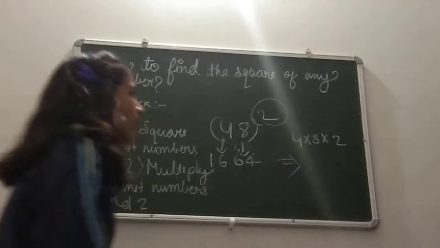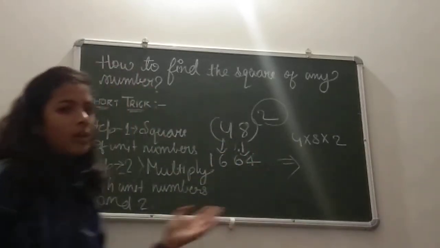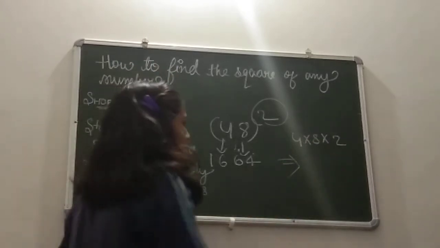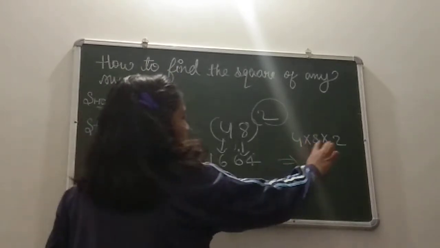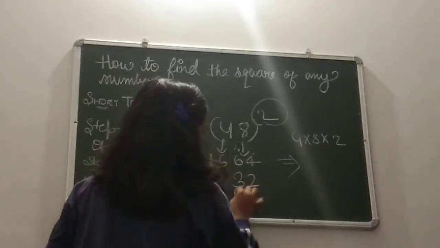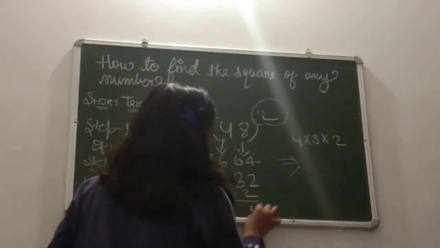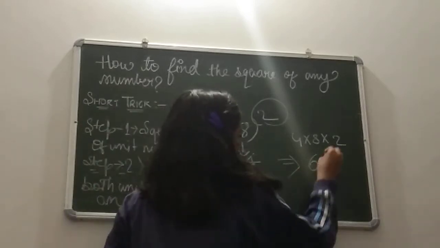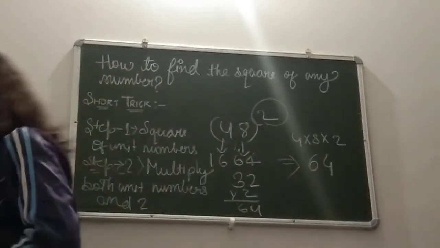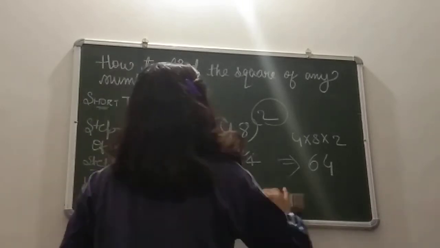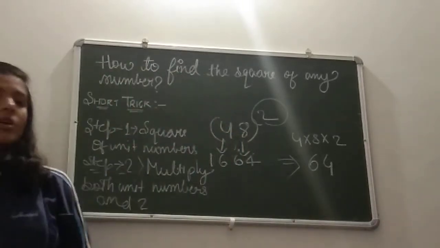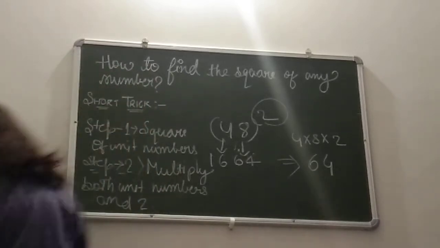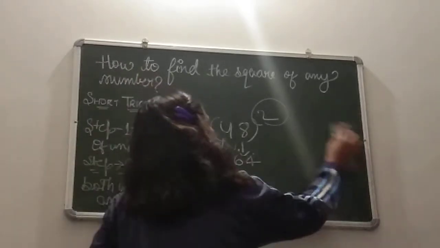So 4 multiply 8 is 32, and then 32 multiply 2: 2 fours are 8, 2 multiply 3 is 6. So it comes 64. When you multiply all three numbers, what comes out? 64.